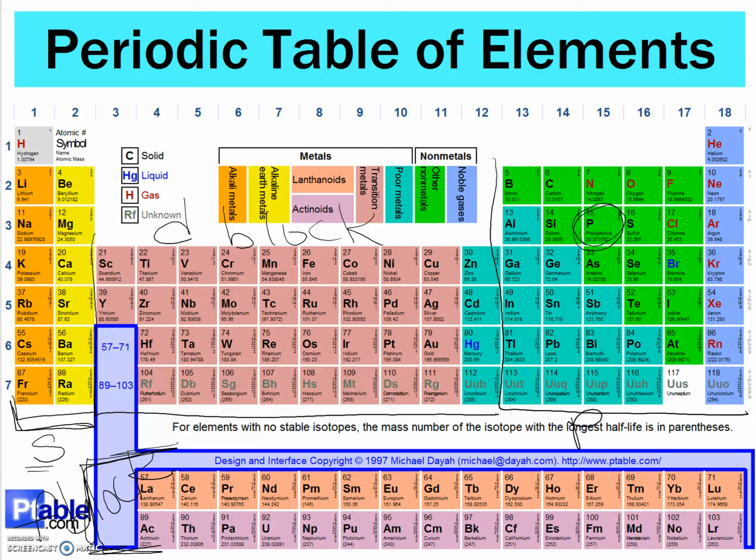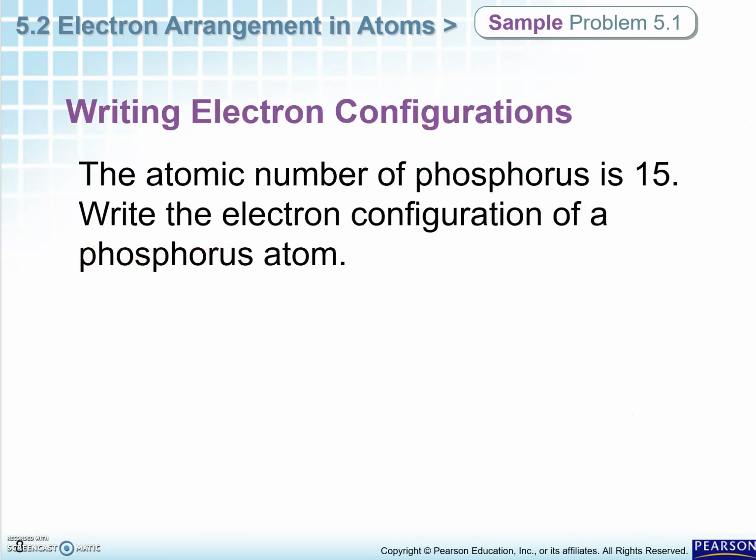So let's try and start from the top and work our way all the way down to get to P. We're going to start in our 1s orbital, and it looks like we are able to completely fill it. So we're going to write down our first set of electron configuration orbitals. So you have the 1s, it is completely full, so you have 2 electrons in there.